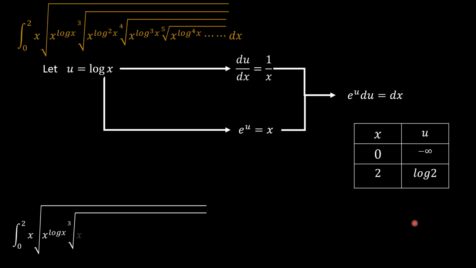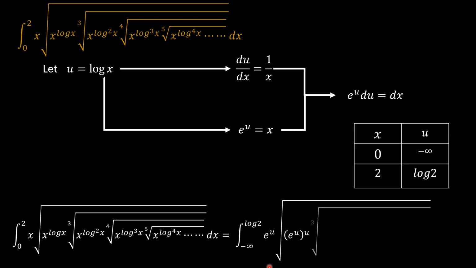Therefore, our integral in terms of x now becomes the integral from negative infinity to log 2 of e to the power u in place of x, square root sign, e to the power u in place of x, and log x is therefore u, and cube root, e to the power u in place of x, in place of log squared x we have u squared, and so on.